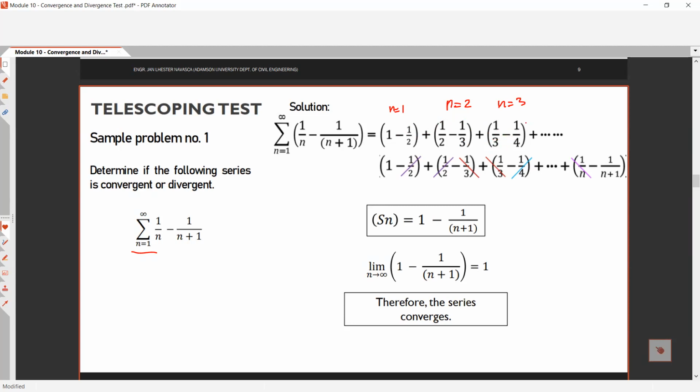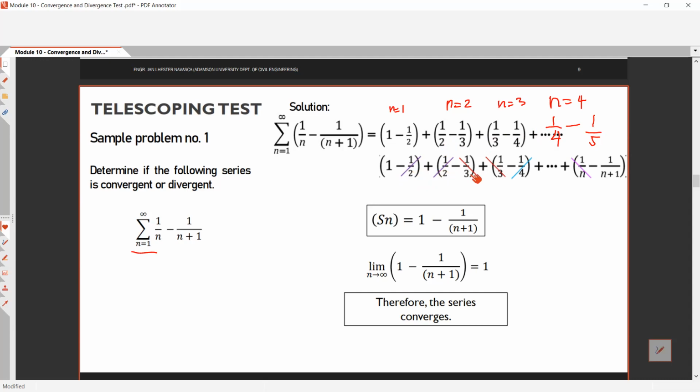Okay, so if you try n equals to 4, that is 1/4 minus 1 over 4 plus 1, that is 1/5. Mapapansin mo, yung negative 1/4 plus positive 1/4 magka-cancel din. So what can you say? Lahat ng middle terms is magka-cancel out.